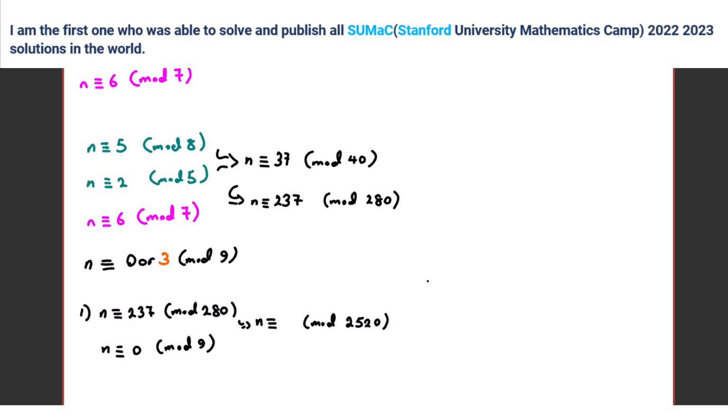So in case 2, n is 237 mod 280 and n is 3 mod 9, right? Yeah. So in this case also we can find n mod 2520, right? Yeah. Okay, if you find these two question marks, then we can solve the problem, right?